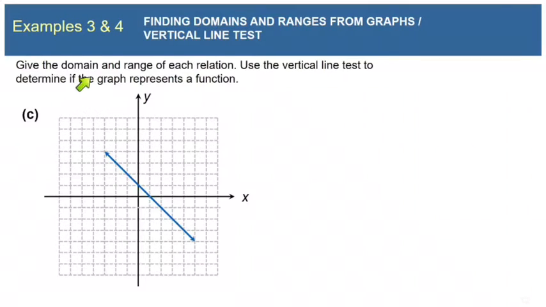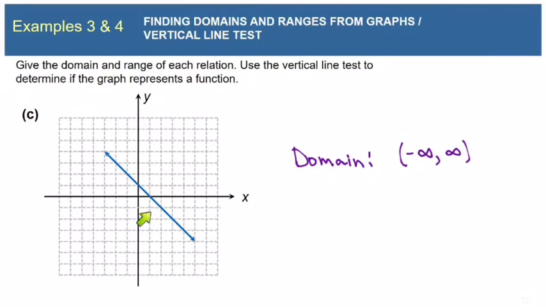Same instructions. Now this is a straight line, and so notice that we have these arrows that indicate that the line continues forever in either direction. So when we think about the domain, it is all the x values as far as you can imagine to the left, and all the x values as far as you can imagine to the right. So the domain here is every number between -infinity and +infinity.